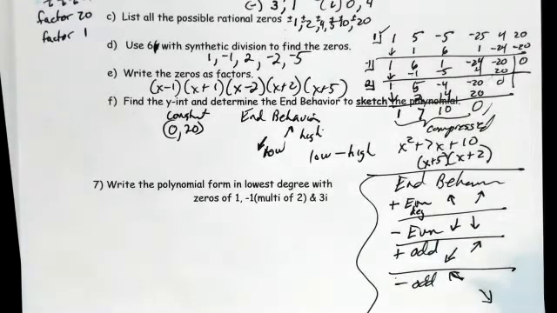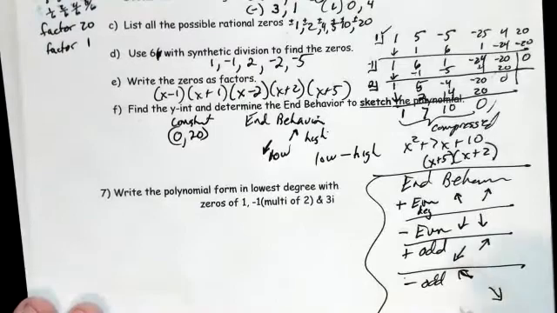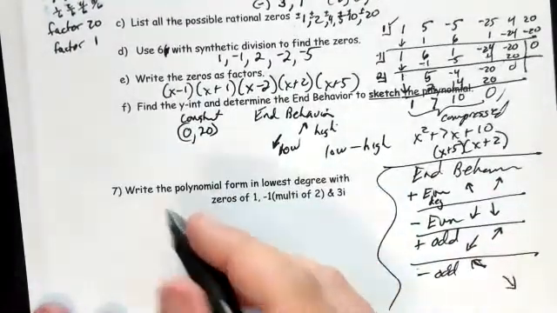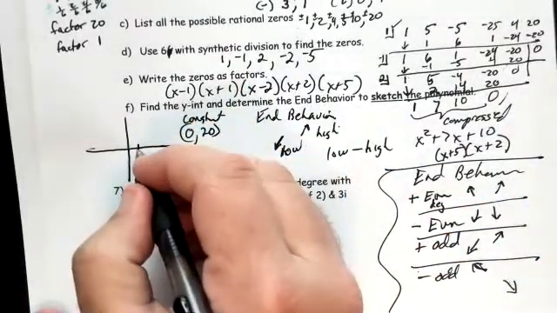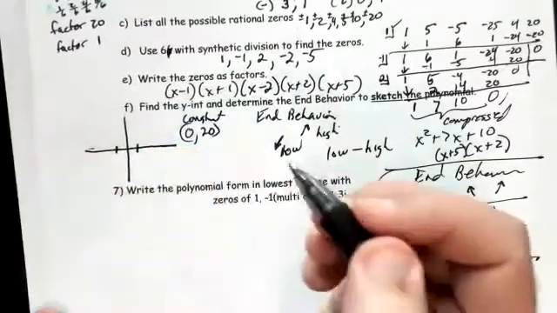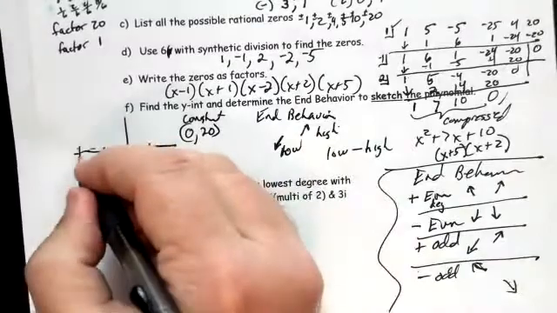If you forgot, that was stuff we did before spring break. Okay, now if I was to sketch this, which it's actually asking me to sketch, you would have to do the following. We have roots at 1, -1, 2, and -2, and then out here at -5.